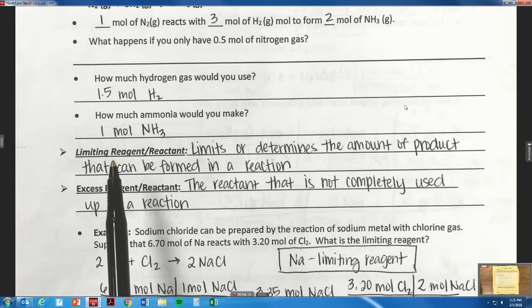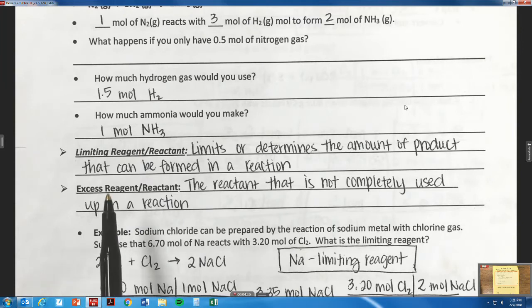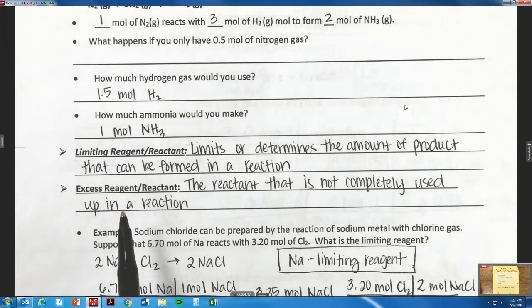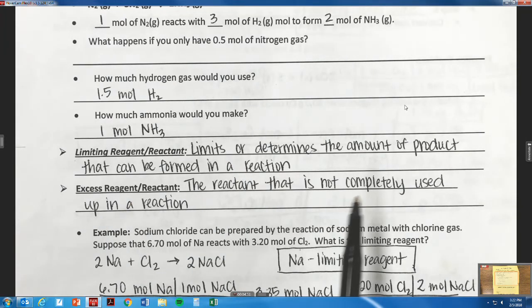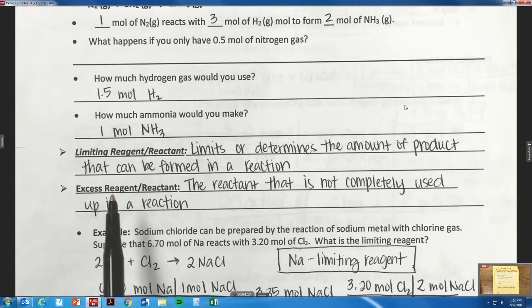Our excess reagent from the s'mores lab was actually our marshmallows. You were given a handful of marshmallows, so that was definitely more than you needed. The reactant that is not completely used up in a reaction is our excess. We have too much of it.